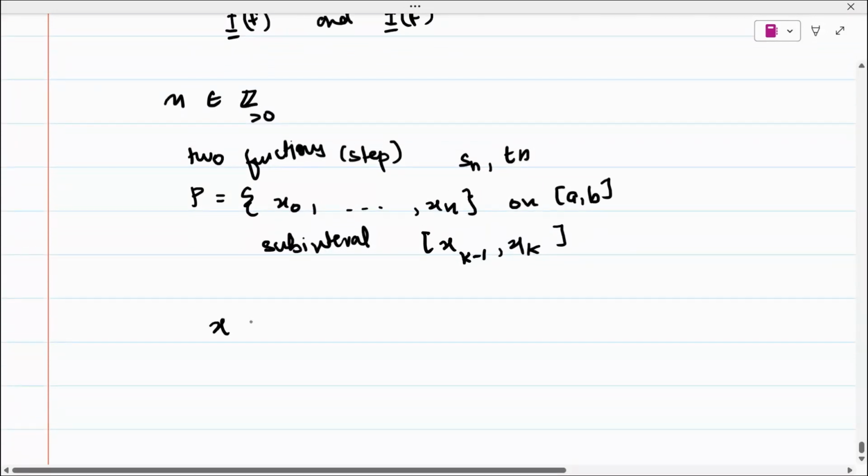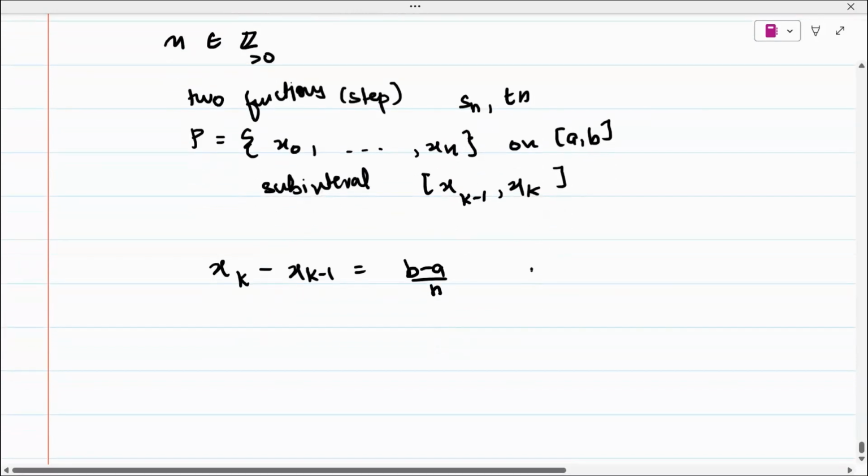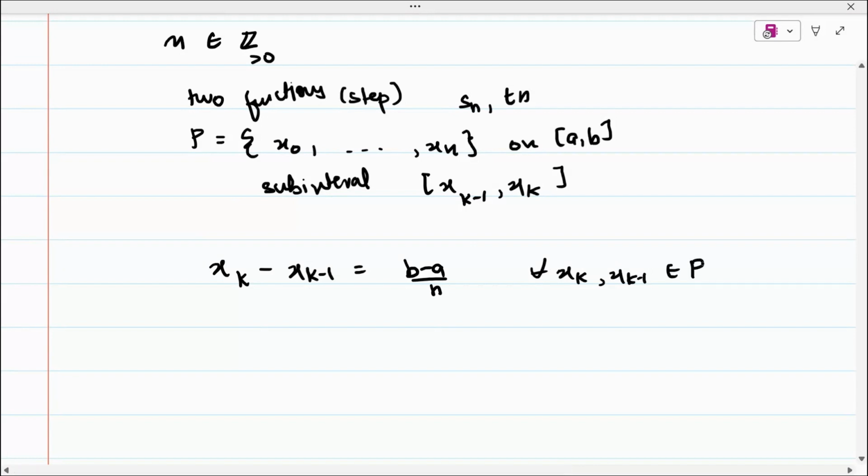Now we make it so that xk minus 1 and xk differ by (b minus a) by n, and every interval is equal to this for our xk minus 1 member of the partition set.